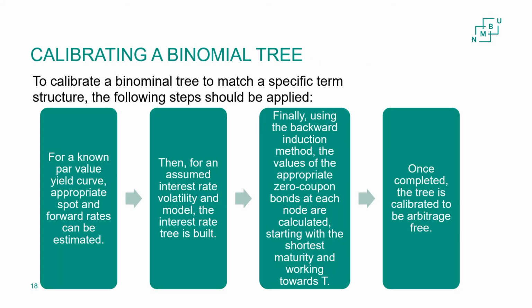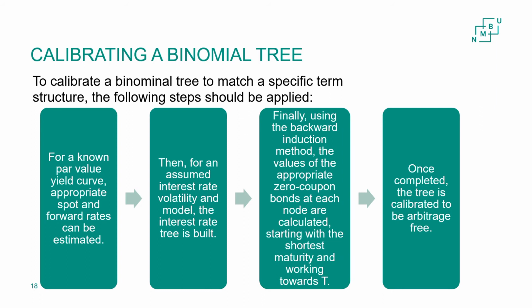Now we have all the tools in the trunk that we need to calibrate the binomial interest rate tree. So what you do is that if you have a par value yield curve, then you find the spot and/or future rates. And for these future rates, you have to define what kind of volatility this interest rate process is going to exhibit.